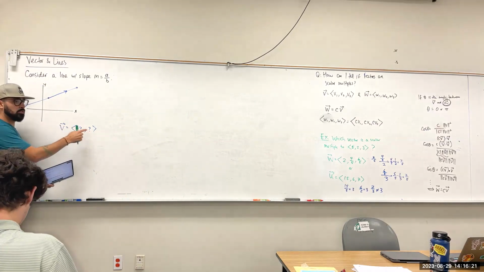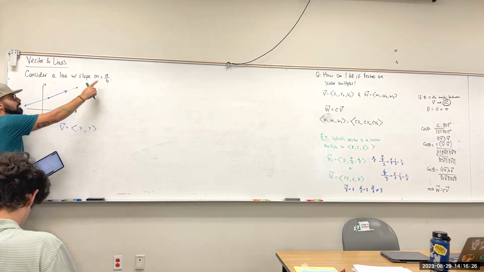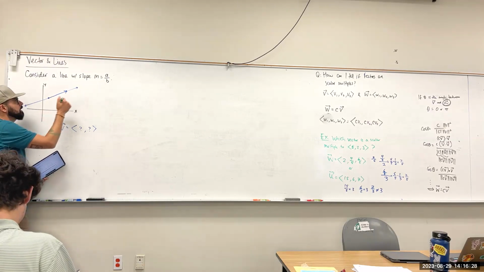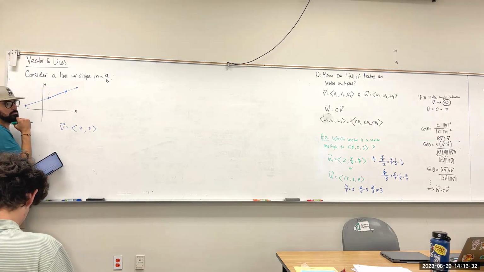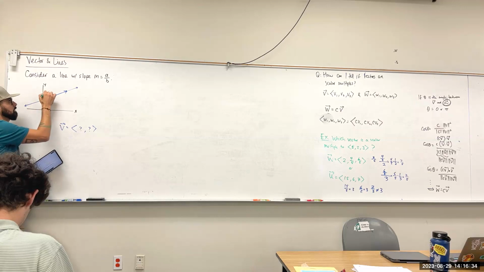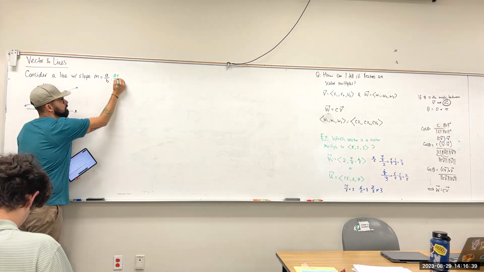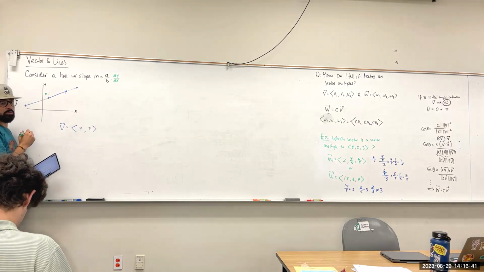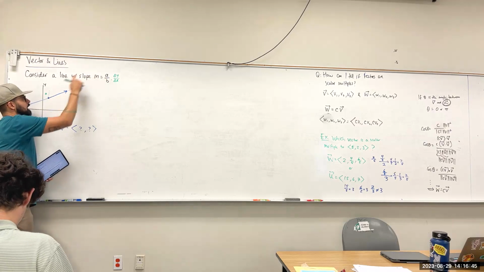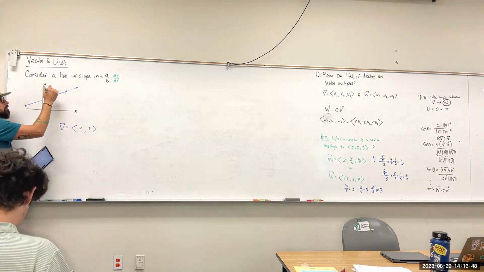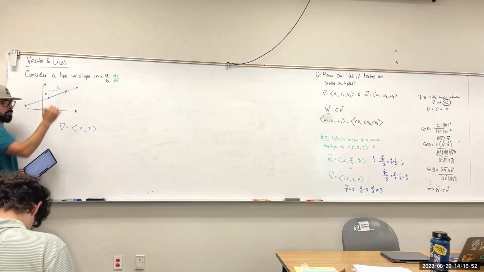And the second one tells you how much it moved in the Y direction. Now, if this line has a slope of a over b, how much change happened in the Y direction? A. Because remember, the slope is the change in Y over the change in X. Rise over run. So if the rise is A, then the Y value changes by A, and the X value changes by B, right?